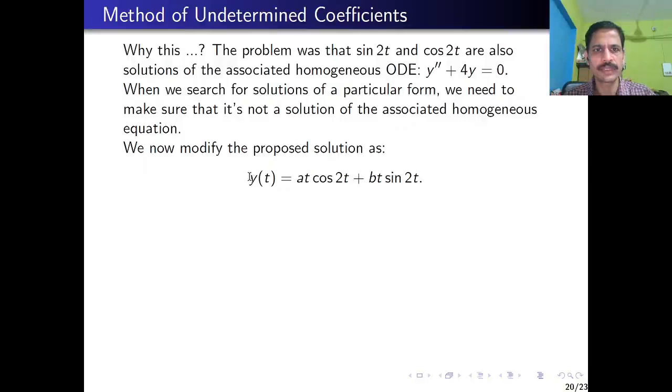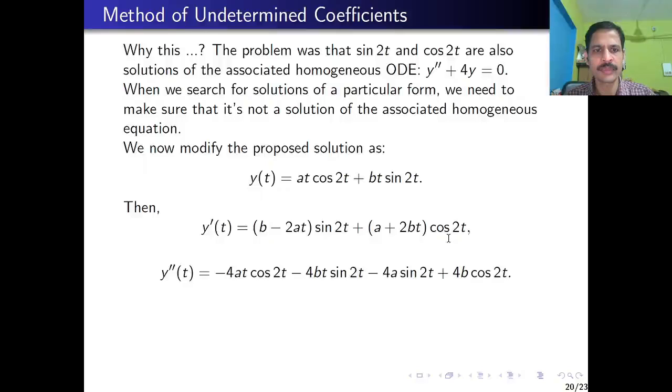So we have here the modified proposed solution as y(t) is equal to at cos 2t plus bt sin 2t. So y prime t is equal to (b minus 2at) multiplied to sin 2t plus (a plus 2bt) cos 2t. Then we compute the double derivative.